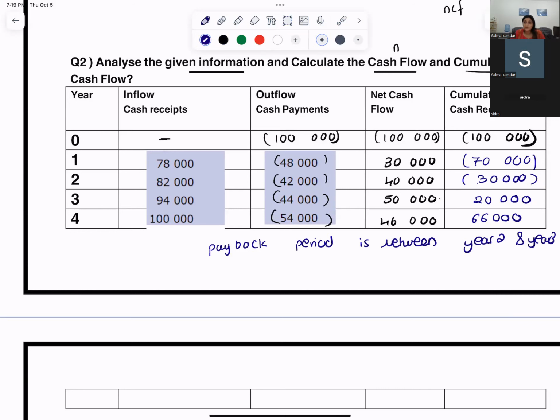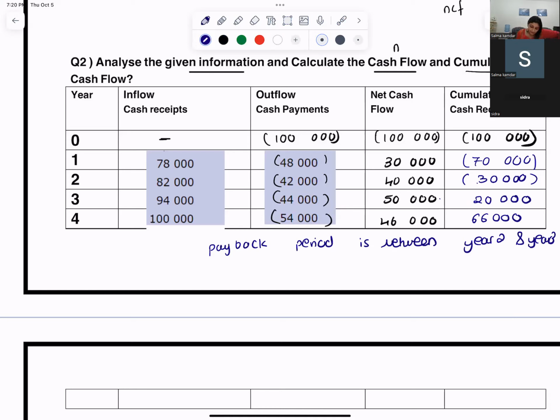So when your cumulative net cash flow turns from negative to positive, that means you have recovered your full investment. Now, how do you calculate your payback period? Tell me. Think first.